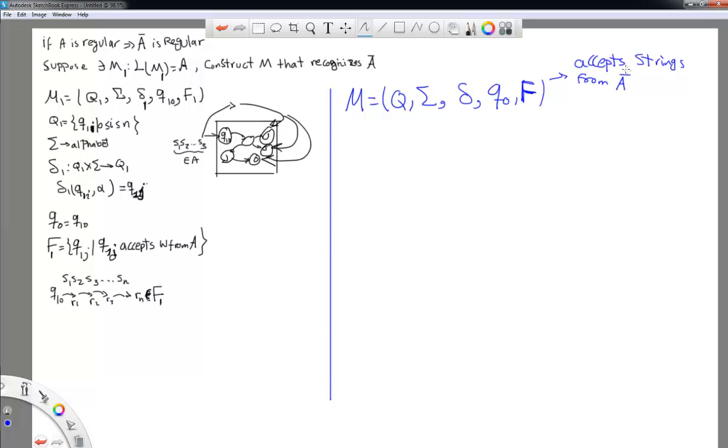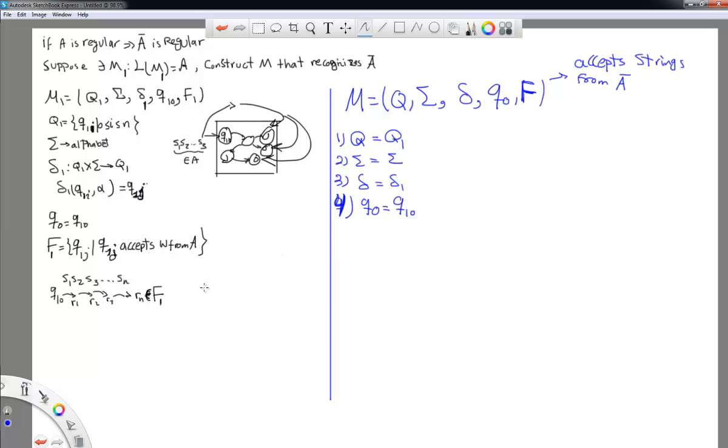How does that work? Now, I would pose you this. Let's make Q to be Q sub 1. Let's make sigma to be sigma. Let's make delta to be equal to the original machine. Let's make Q sub 0 here to be also the start of my machine.